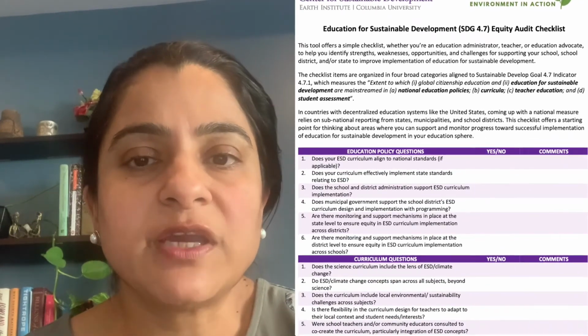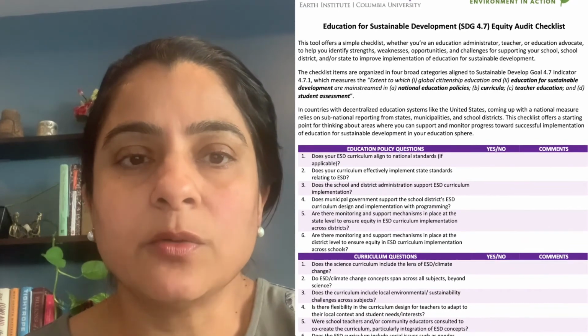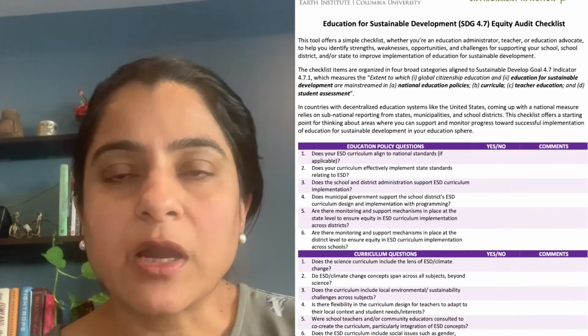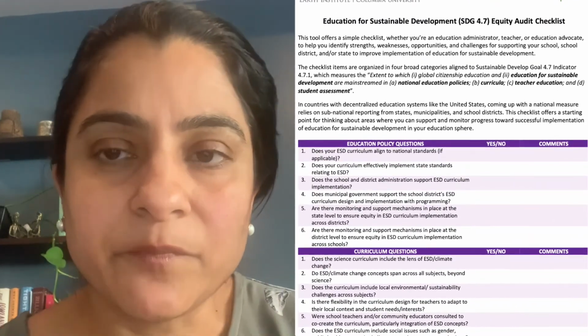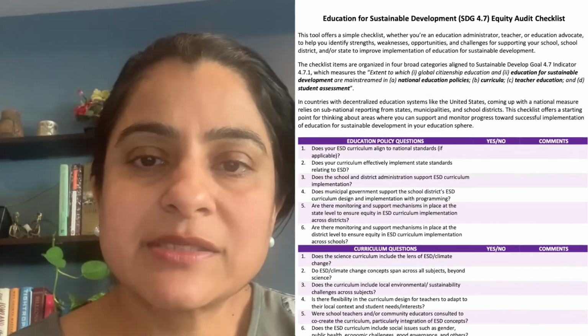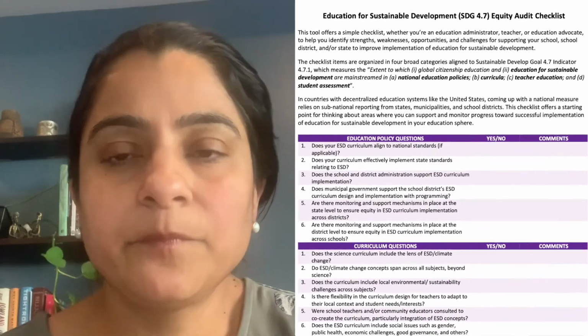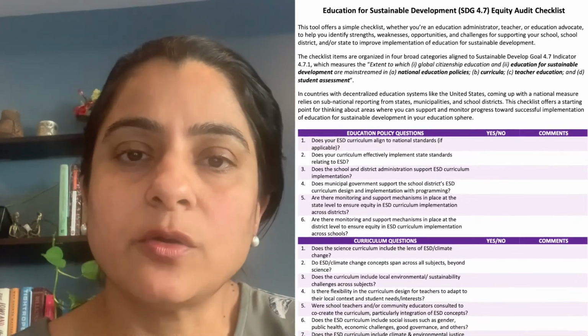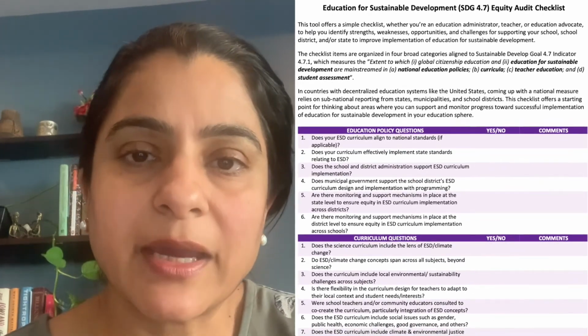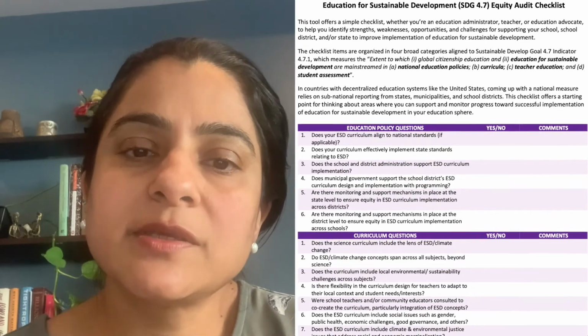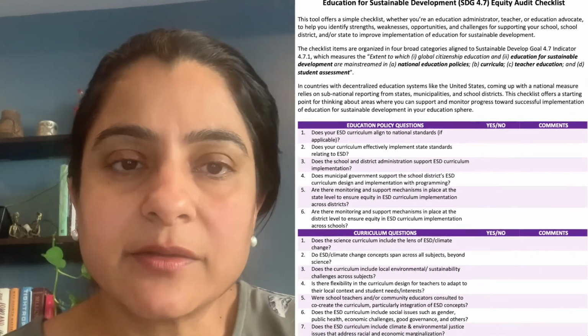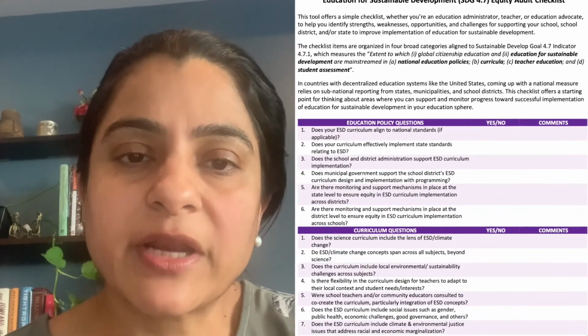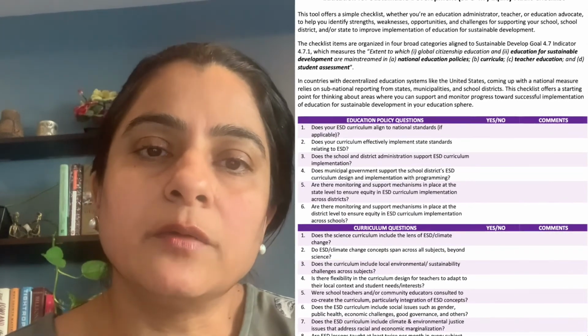We don't have to wait for national reviews to happen or for UNESCO to come up with a multi-case study. We can take this idea of an equity audit and develop an equity audit on textbooks and on curriculums, just by identifying simple questions and indicators that we could track through these equity audits.